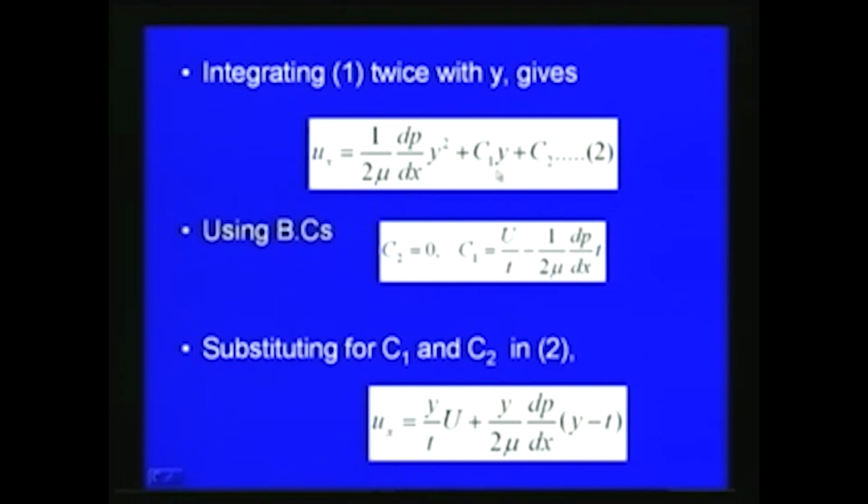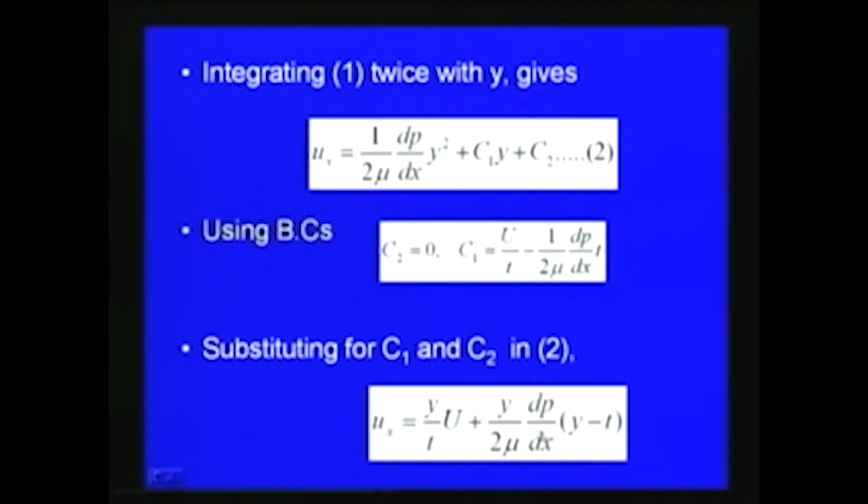If we apply the second boundary condition at y equal to t, u equal to U, then we get C1 equal to U by t minus 1 by 2 mu dp by dx into t. Now we have the constants C1 and C2, and we can substitute them back into equation number 2, so that we get an expression for the velocity.